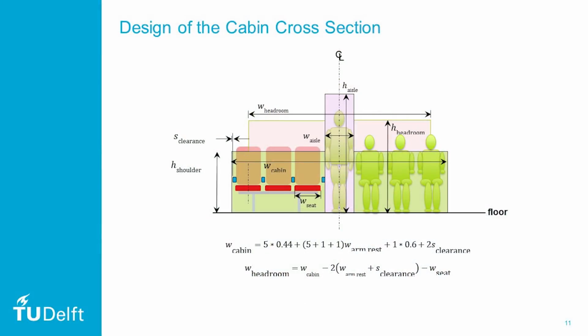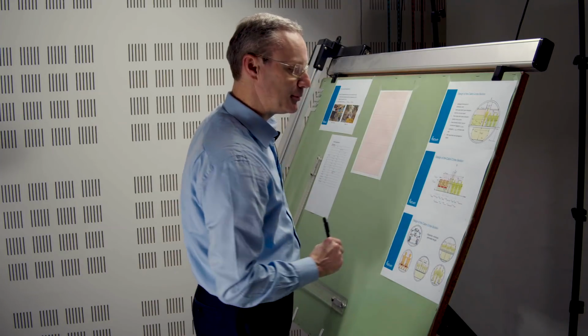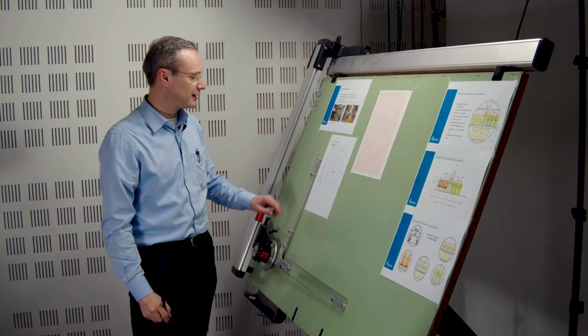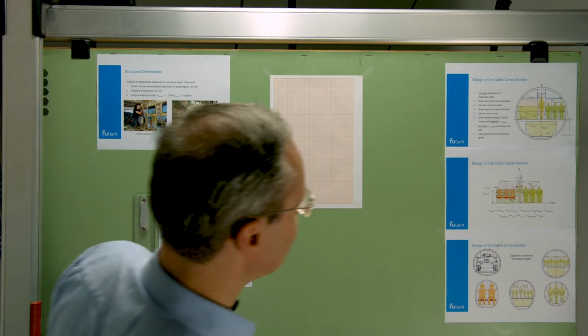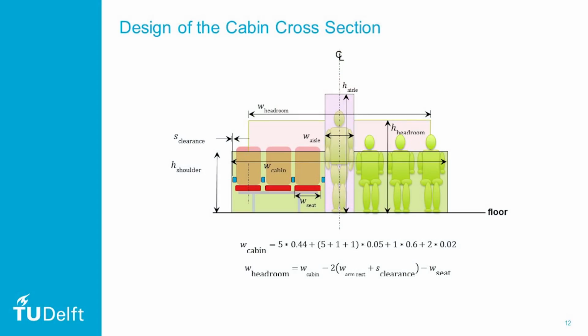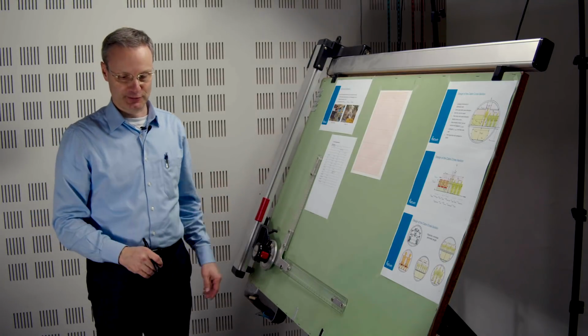We have one aisle, that's what we already calculated, multiplied by the aisle width of 60 centimeters, and then we need 2 times the clearance, which has already been given as 2 centimeters, so plus 2 times 0.02 meters. Then we have all the elements for the width of the cabin, and then we can start our drawing.